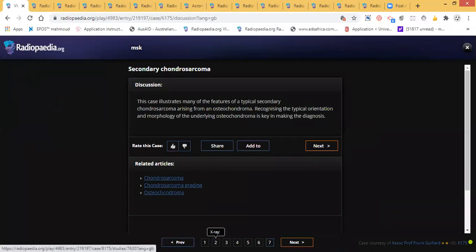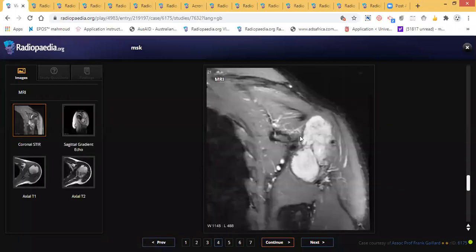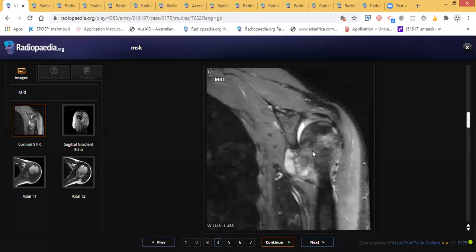So when you find in the MRI this very high T2, someone said maybe synovial, maybe yes, but don't forget the calcification and the chondrosarcoma. The chondrosarcoma is very tricky, especially if it comes like this, very odd.